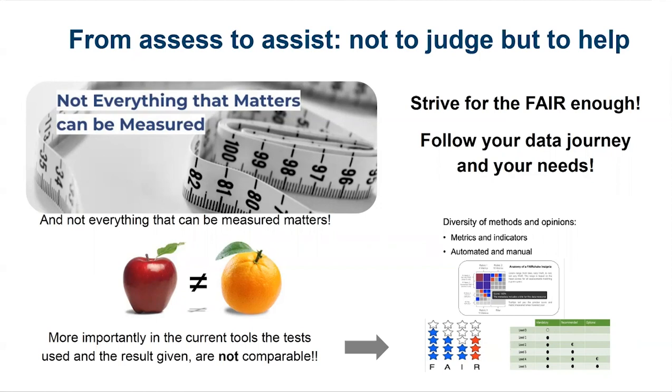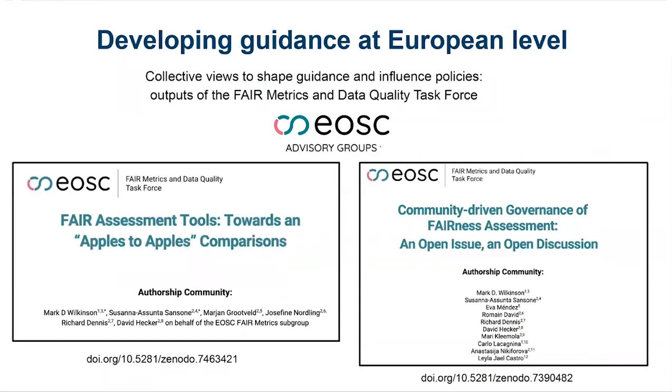And that's the reason why one of the task forces in EOSC, which I'm part of and which is chaired by Mark Wilkinson from the FAIR guiding principles, the EOSC task force on FAIR metrics and data quality. In the FAIR metrics subgroup of this task force, we have very recently, so these are really off the press, released two reports which have been approved by the EOSC Association.